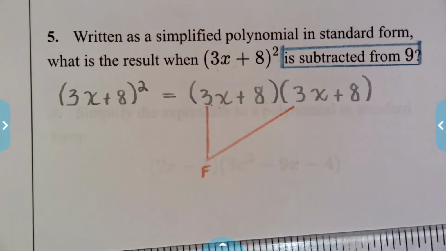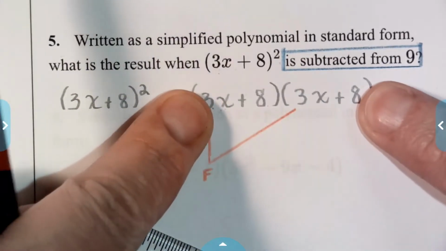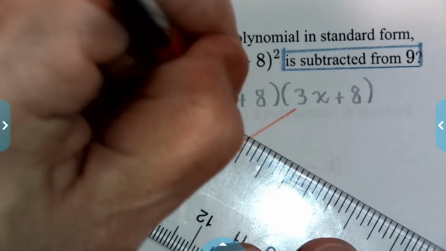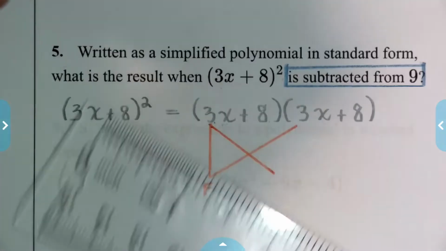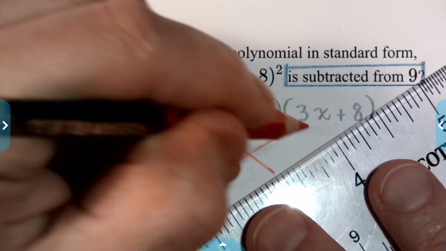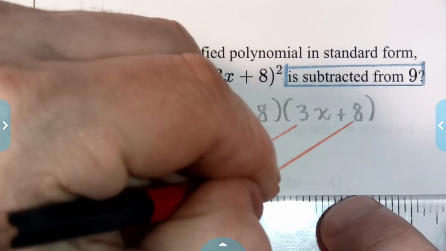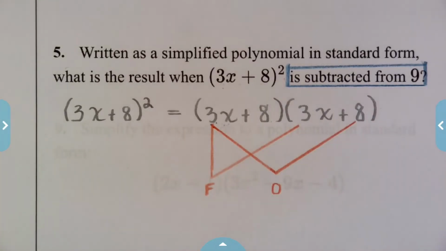Now, outer times outer. These are the outer terms, 3x times 8. That's my O. Inner times inner.